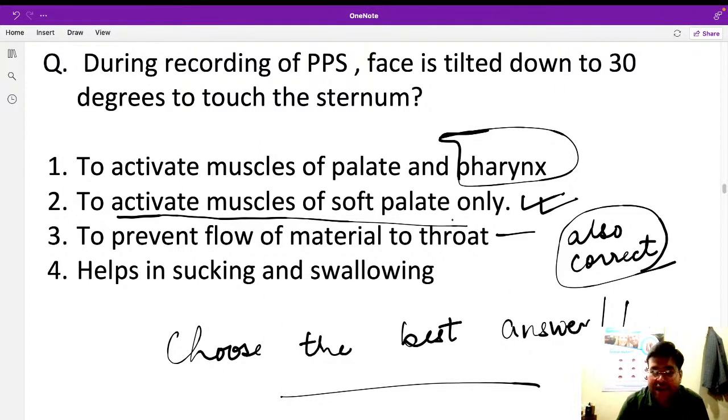Even when the patient is eating, you can see, we do not always sit upright and eat. We bow the head down, right? But you never eat with your head up. That is the reason why we started recording PPS with the face tilted down and not keeping it straight, because the moment patients ate food, they bent their head and the denture started falling.